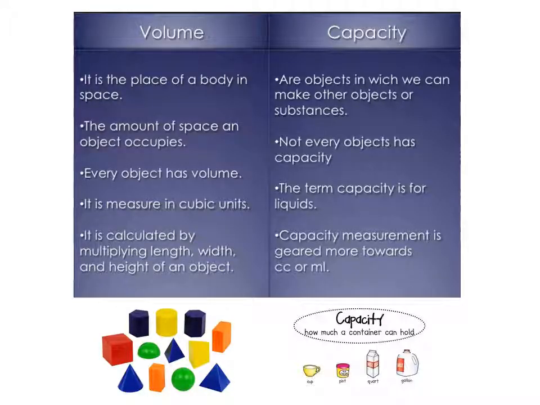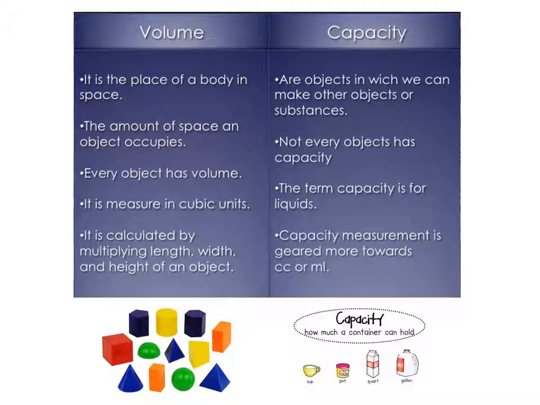Okay, just a quick review about the difference between volume and capacity. They're really similar, and I think there's a lot of websites and even some teachers that kind of use these two words interchangeably. They're very, very similar. Volume is more about how much space an object takes up.